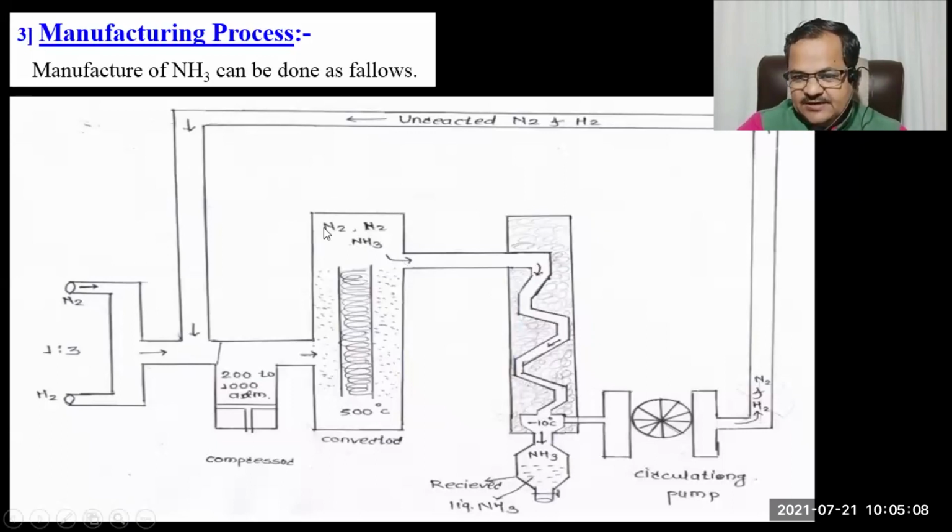So when these unreacted N2, unreacted H2, and the formed NH3 pass through this condenser, which has a temperature of -10 to -20 degrees Celsius, then what happens? Only the NH3 gases get converted into liquid NH3.